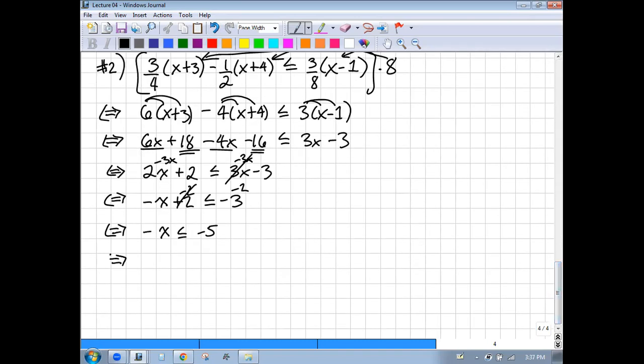But we just want x, not negative x. So if we multiply everything, both sides by a minus 1, this inequality has to flop. It just flops, right? Multiply everything by minus 1. And put a box around it.